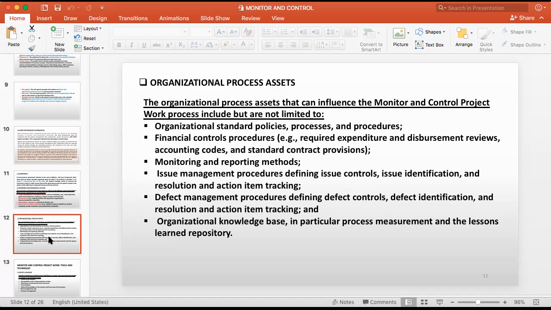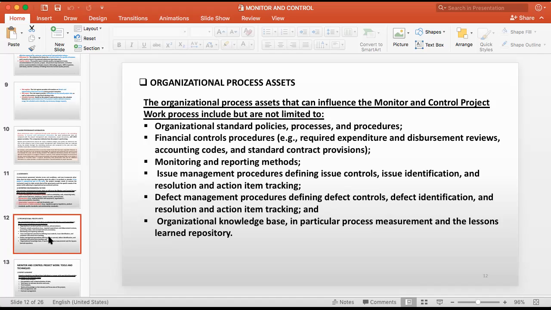It changes from organization to organization and industry to industry. The construction industry may have different defect management procedures compared to the production industry, apparel industry, manufacturing industry. So different industries can have different defect management procedures.